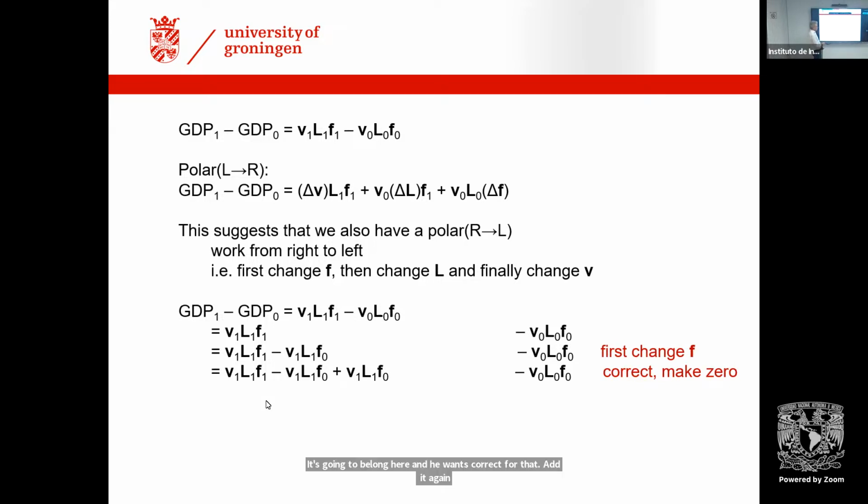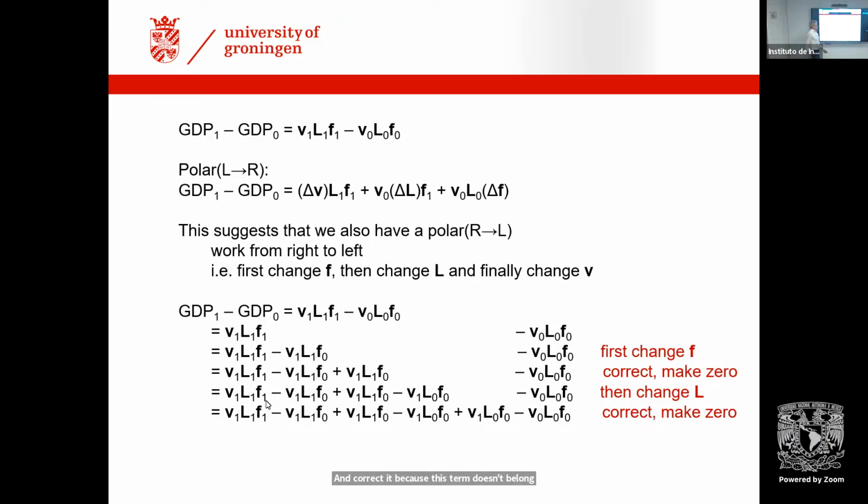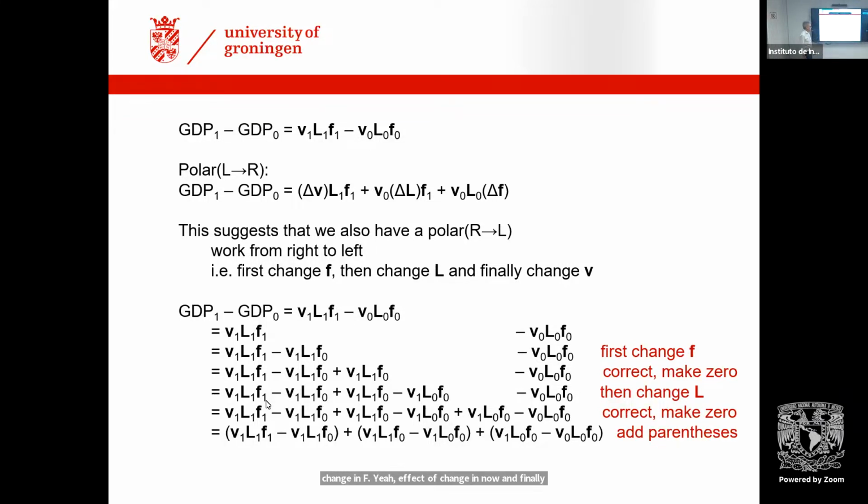The next step is change L1 into L0, and correct it because this term doesn't belong here. And then the final term is there already. Now we have here the change in F, the effect of change in L, and finally change in V. Observe again that these terms are 0, so the end result is still VLF in period 1 minus VLF in period 0.